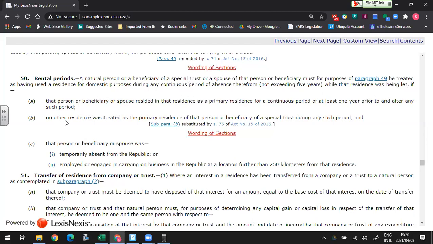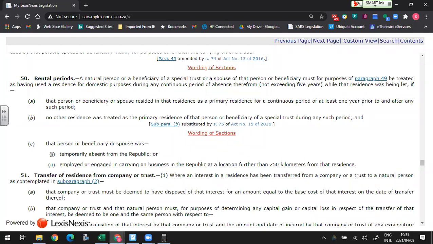So paragraph B, no other residence is treated as a primary residence of the person. While she was in London, she did not buy another residence. Therefore, paragraph 50B would apply. And the person or the spouse was temporarily absent from the Republic. Yes, she was temporarily absent. She went to work in the UK for 6 months. So you'll say that applies.